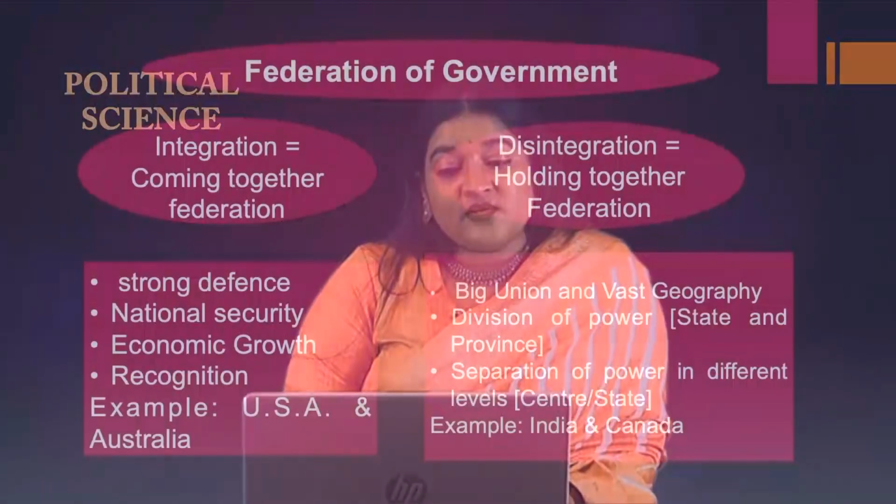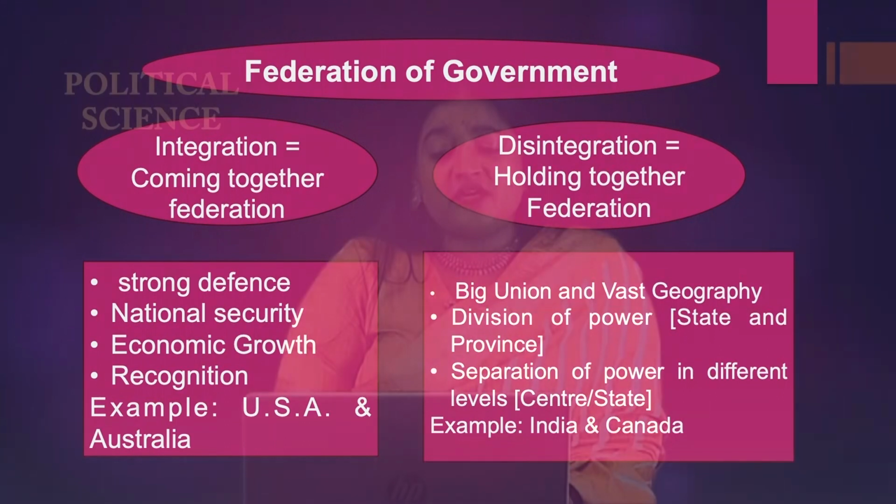When the provinces of various demarcations were brought together, held together, termed as holding together federalism, the concept of separation of power came into existence. The division of power came into existence, and 3 levels were divided: the center, the state, and the regional level.